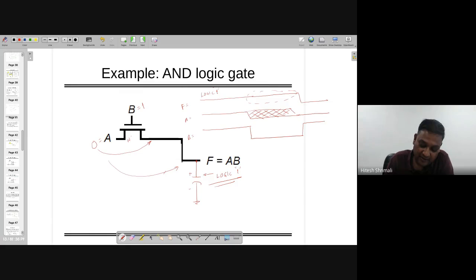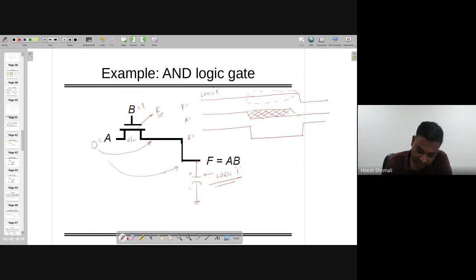Depending on W by L, you will have the resistance offered by this particular MOS transistor. That resistance multiplied by this capacitor multiplied by 0.69 is going to give you the delay after which this 0 volt will be available at the output.